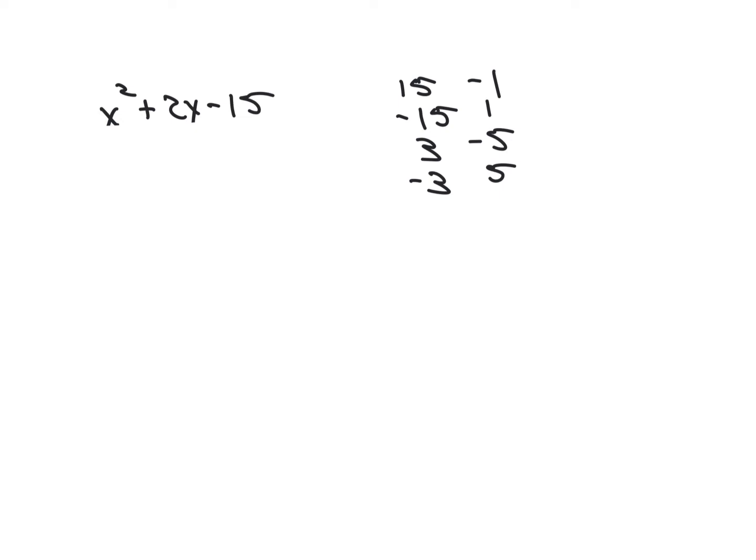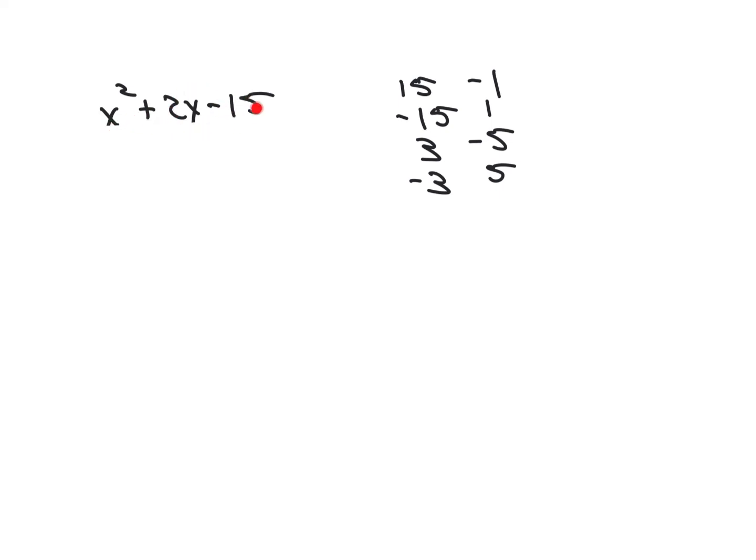Here's how you choose which one works. Once you have your numbers listed of what multiplies to give you negative 15, you find which pair, when you add them together, gives a positive 2. We're ignoring the x's.